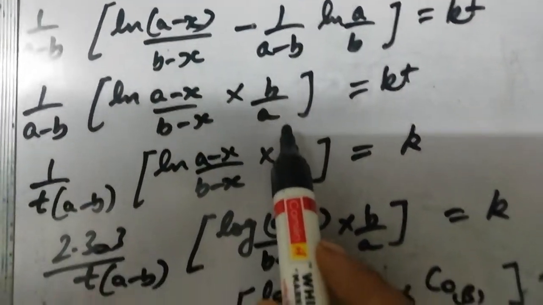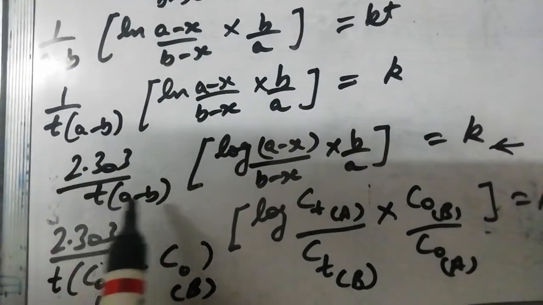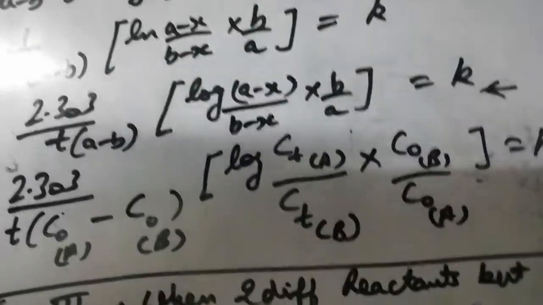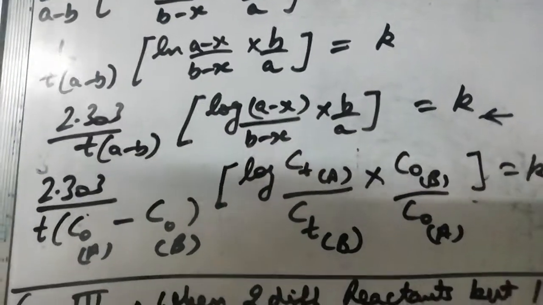Then on solving this equation, we get the value of k as k is equal to 2.303 upon t into (a minus b) log of (a minus x) over (b minus x) into b upon a.